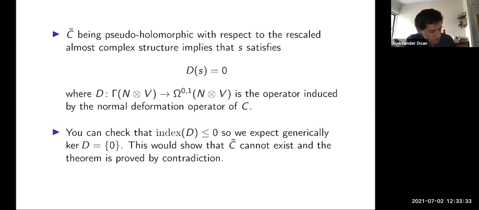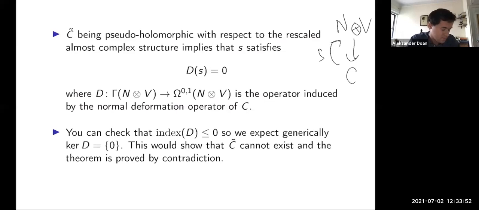So the situation is this: we have C, we have the normal bundle, we twist it by some orbifold local system, and C twiddle can be thought of as a graph. Locally, this section is just K sections of the normal bundle. Taking the graph of that, we get this curve C twiddle.